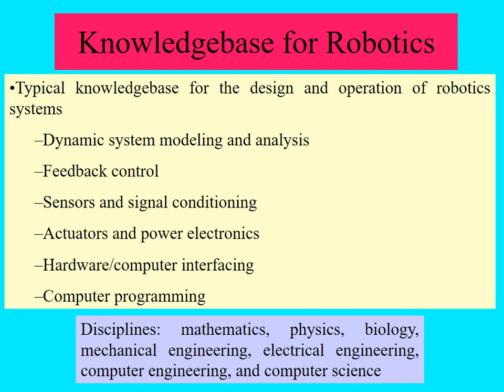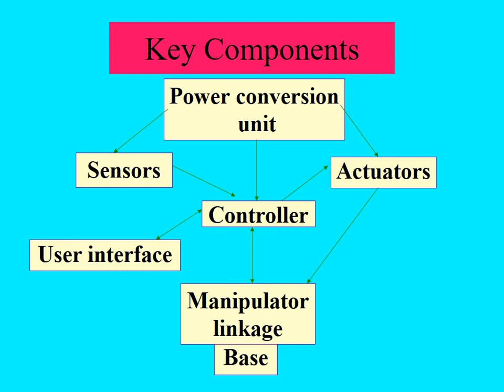Last part of the slide I kind of ignored, that these are the various disciplines involved in terms of study. I'm more concerned with what's in the yellow. Those are the specific skills that are needed for robotic systems.